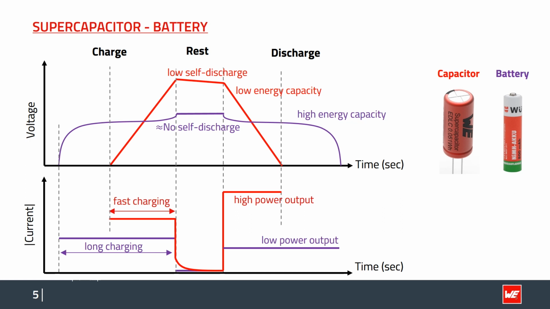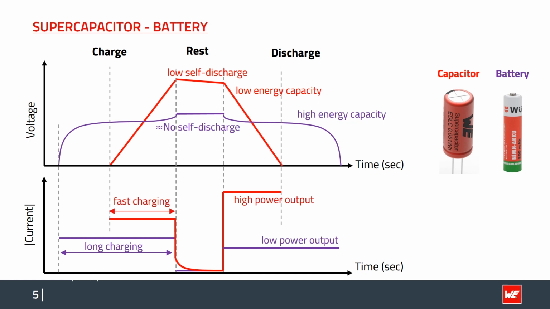Consequently, the battery has a higher energy capacity than a supercap. The battery is also able to maintain its charge condition much longer than a supercap can. Supercaps will show a noticeable decay within several days, let's say. On the other side, the charging times for supercaps are much smaller than for batteries.